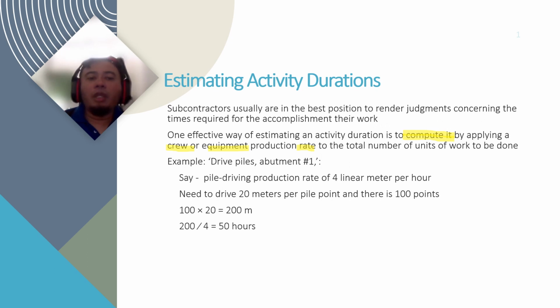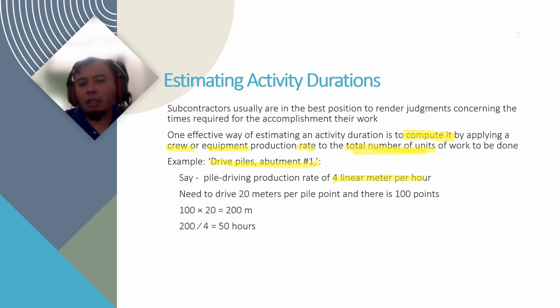You compute it by applying a crew production rate to the total number of units of work to be done. For example, your activity is drive piles at abutment number one. Let's say the production rate for a pile driving machine is 4 linear meters per hour.